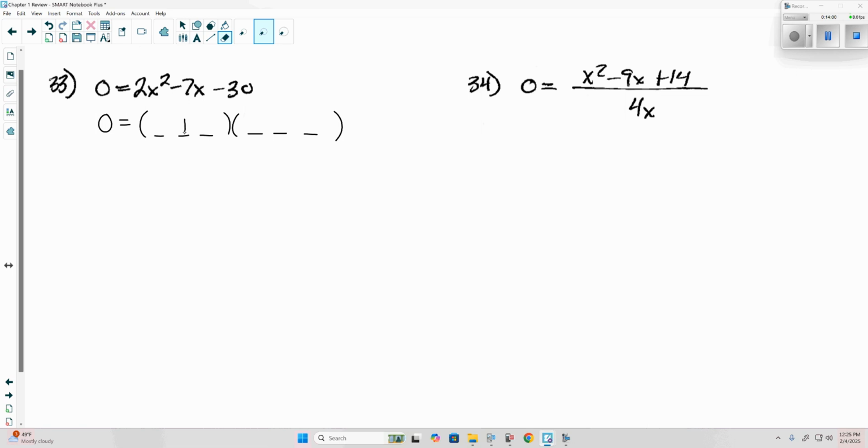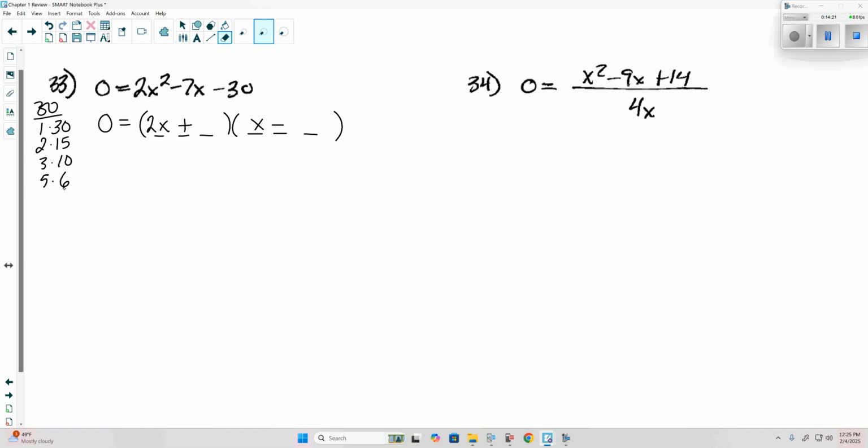Since the third term is negative, our signs are opposite. Factors of 2x squared, well, we have 2x and x. Factors of 30: 1 and 30, 2 and 15, 3 and 10. 4 doesn't work, but 5 and 6.